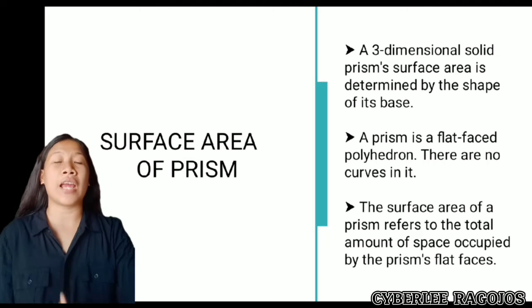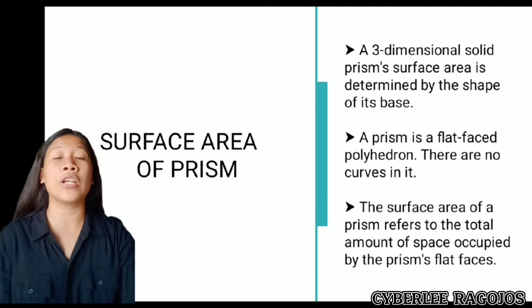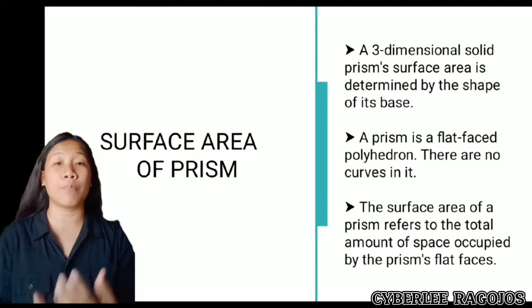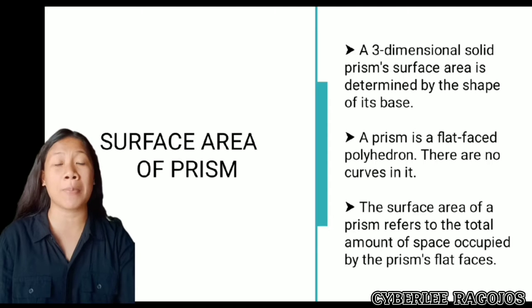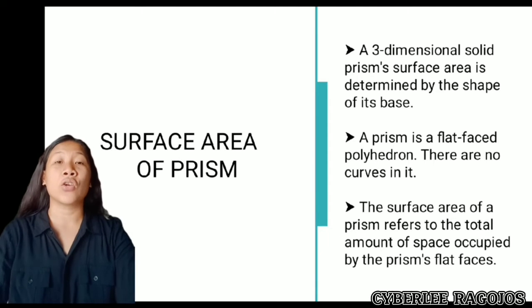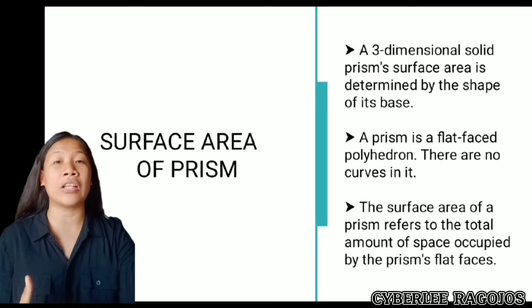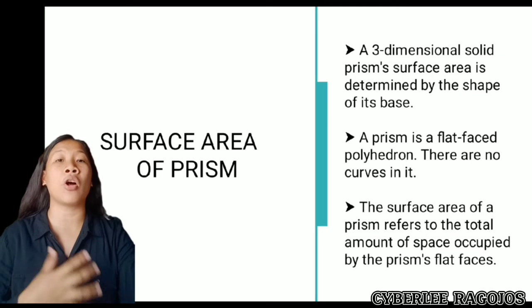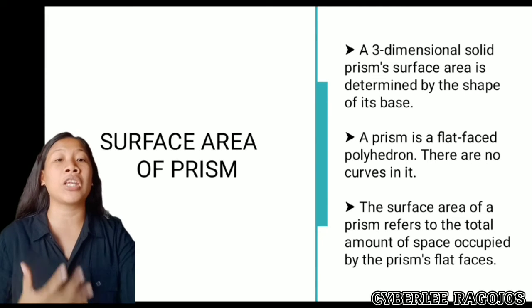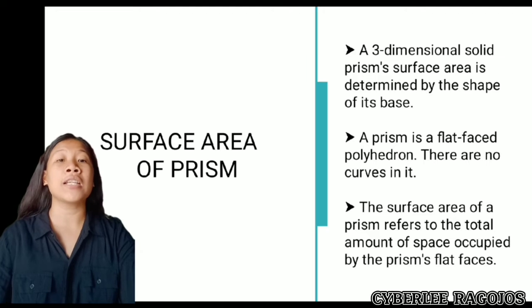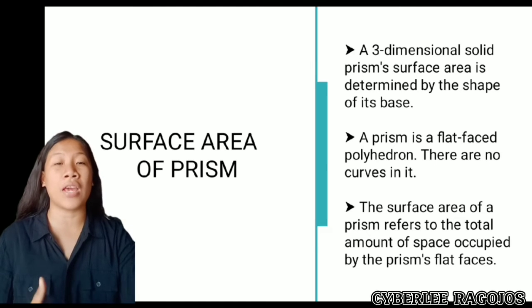The surface area of a prism refers to the total amount of space occupied by the prism's flat faces. So, finding the prism's surface area entails calculating the total space occupied by all the faces of that particular type of prism, or the sum of the areas of all faces or surfaces in a 3D plane.